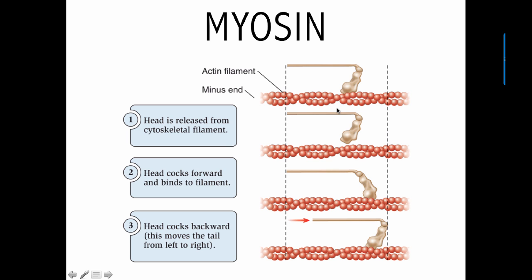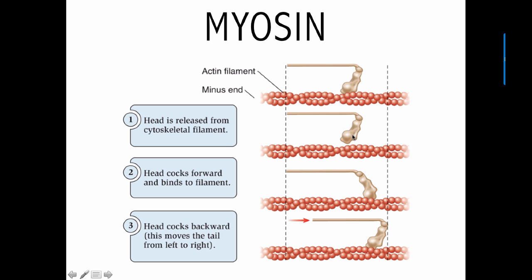So what we've got here is a myosin protein right here that is attached at its head end to an actin filament. We can see these 2 strands of actin molecules. Another nice example of quaternary structure in proteins. And so the head binds to the actin filament. It releases, and the hinge cocks.